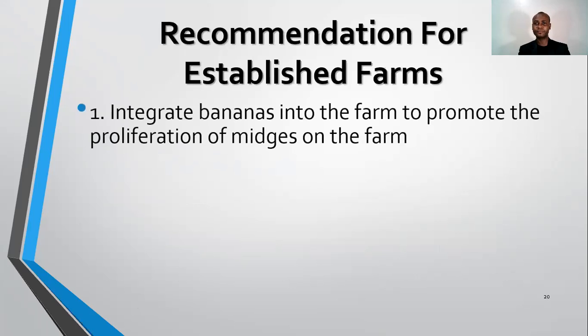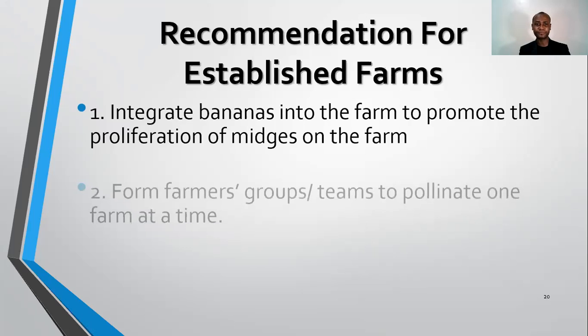Now let's look at recommendations for established farms. Maybe your farm is already established. The trees are 3 years old, or 5 or 10 years old. So this is what you have to do. Number one, you have to integrate bananas into the farm to promote the proliferation of midges on the farm.